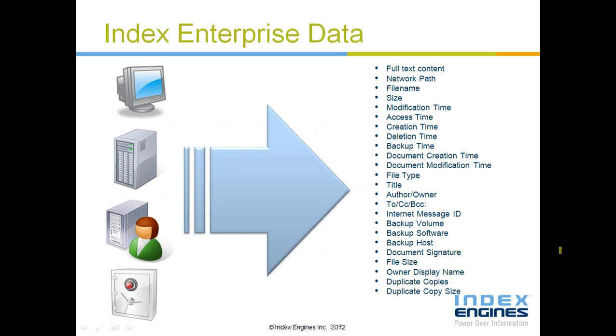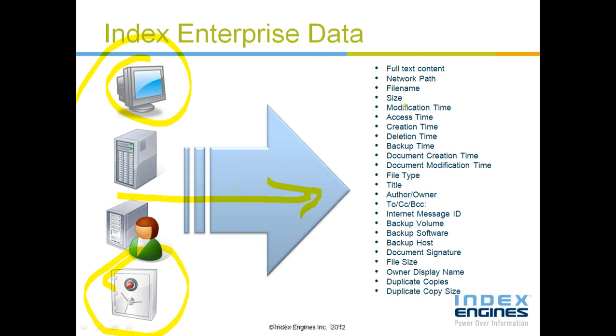So indexing enterprise data. Indexing sounds like a complex task, and a lot of people think of indexing as simple search, but indexing is going to give you the knowledge of these different repositories, from your desktop environment all the way down to your legacy tapes, including detailed metadata like creation time or access time. Let's look at access time. Show me all the user data that hasn't been accessed in 5 years.